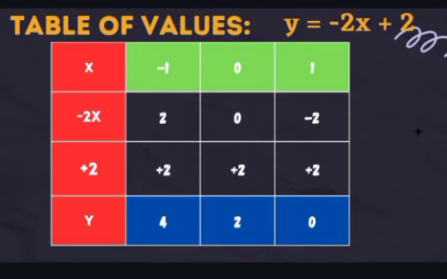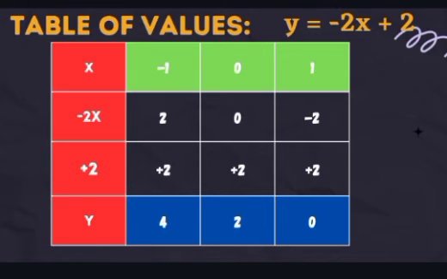Now, looking at the second column, you have 2 and then plus 2. So 2 plus 2 gives us 4, which is the 4 we have on the first blue box. Then for the next blue box, 0 plus 2 gives you 2.